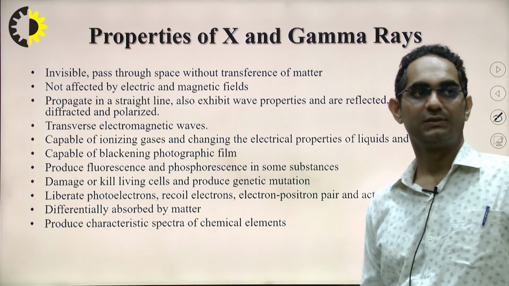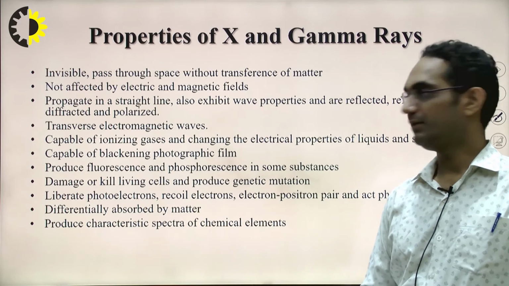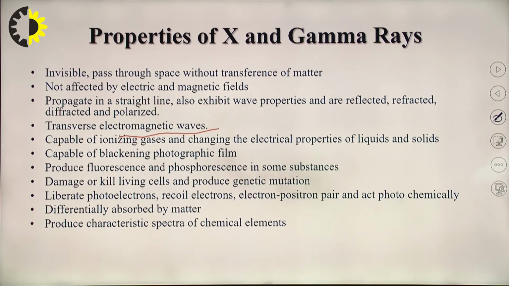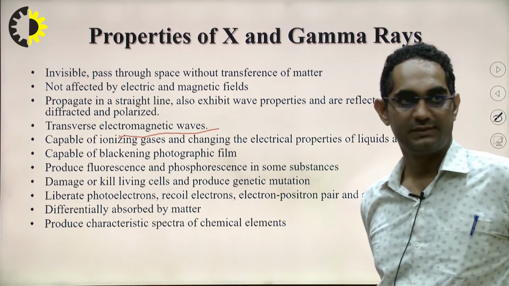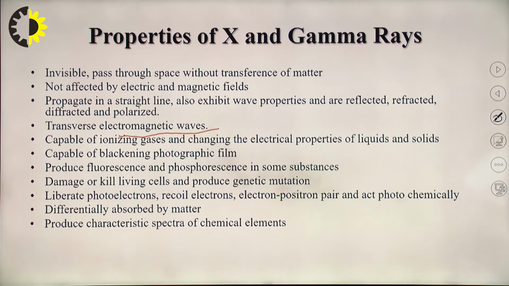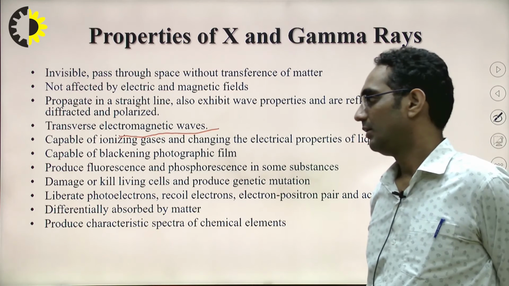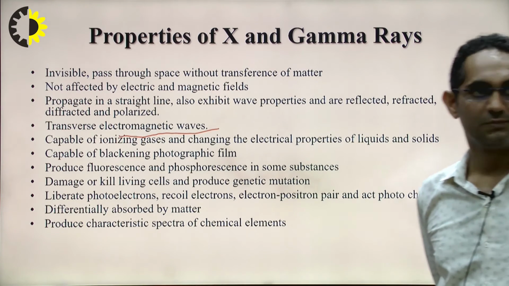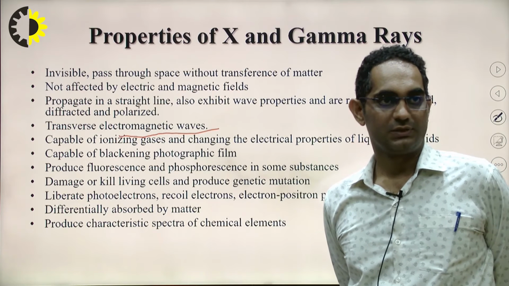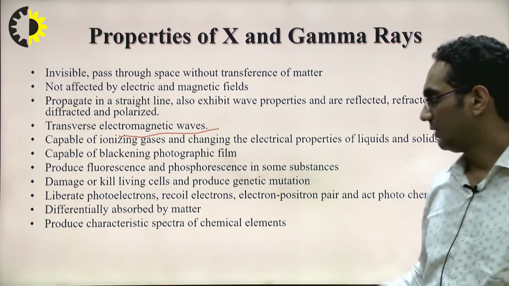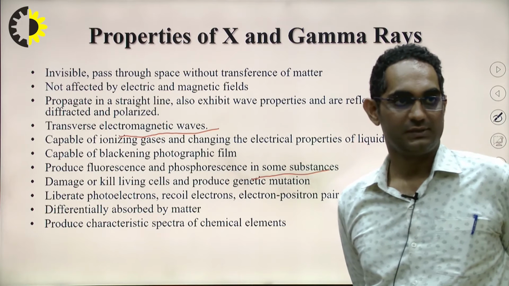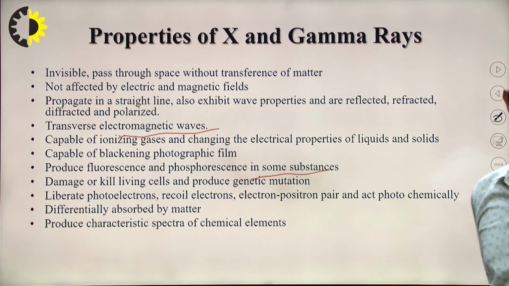They are capable of ionizing gases and changing the electrical properties of liquids and solids, and are capable of blackening photographic films. They also produce fluorescence and phosphorescence in substances, and damage or kill living cells or produce genetic mutation.